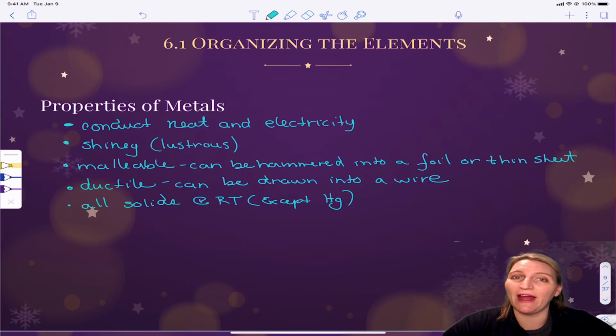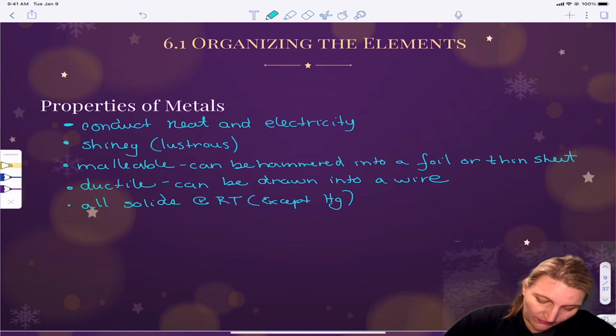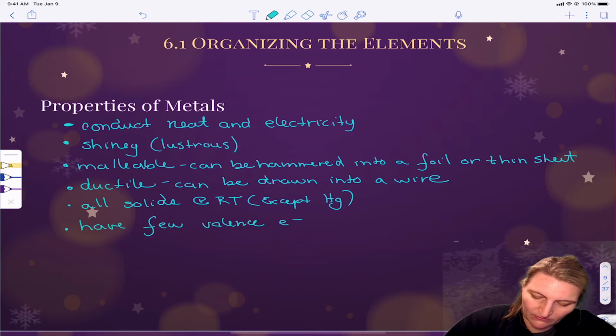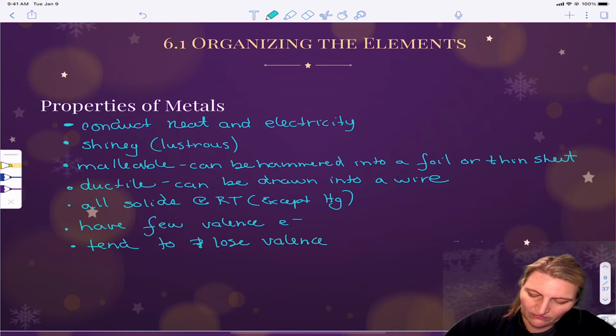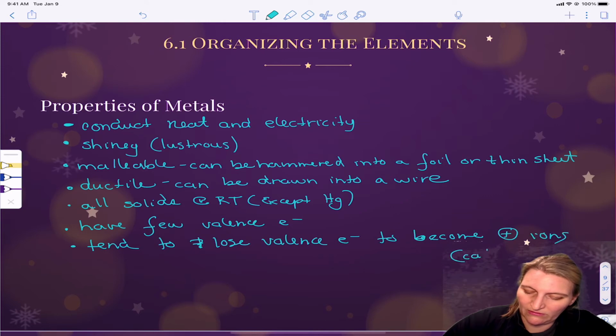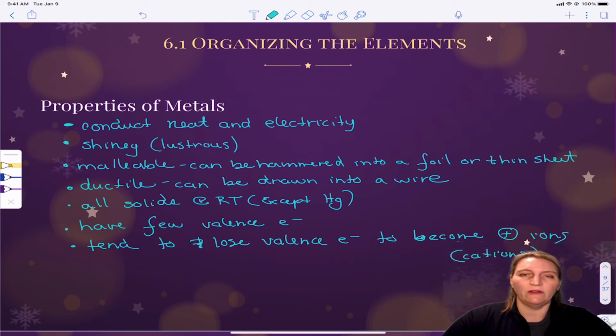And because of that, they will lose those valence electrons and become positive ions, which we're going to learn are called cations. So those are some of the properties of metals.